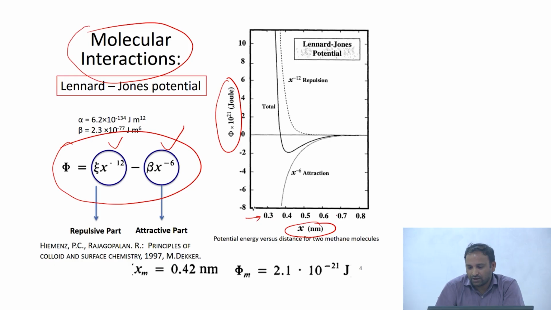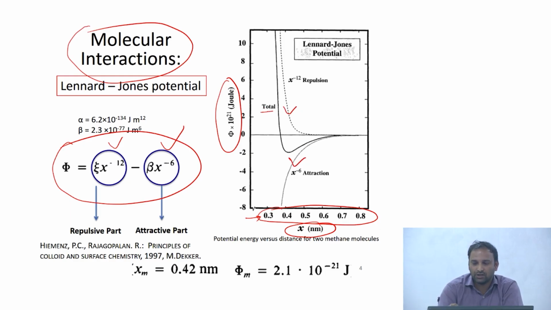This is what I was mentioning in the tutorial, that you have to work with dimensions which are sub-nanometer. Otherwise, for any distance larger than a nanometer, at least for the Lennard-Jones potential, your potential of interaction is 0. That means essentially the molecules are non-interacting. So there's a repulsive part, there's an attractive part, and that's the overall potential.